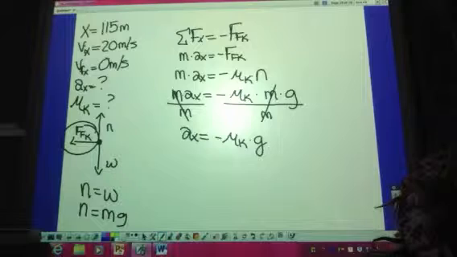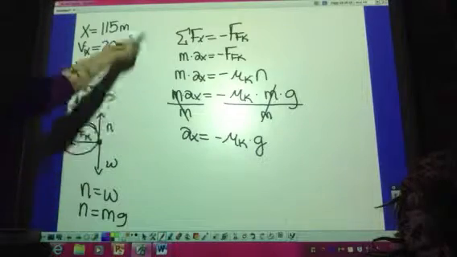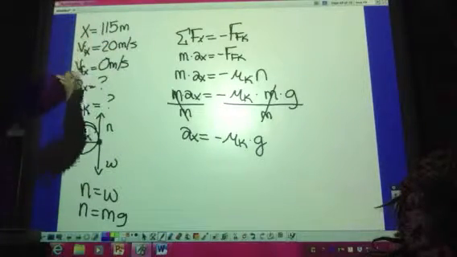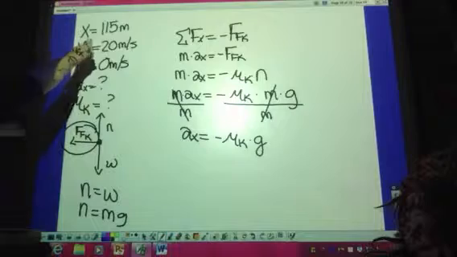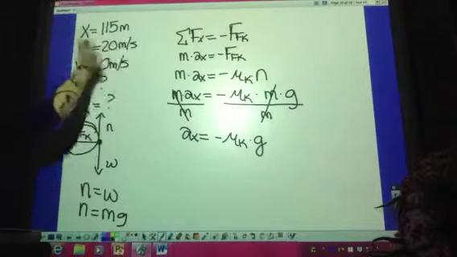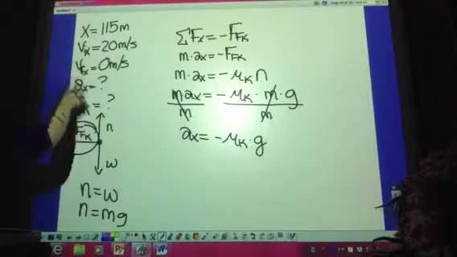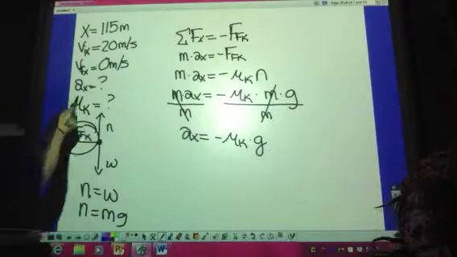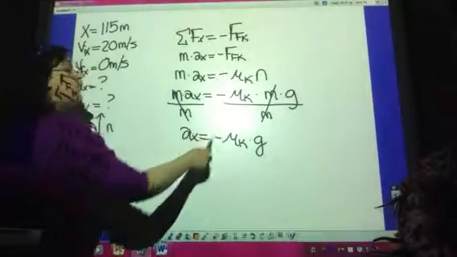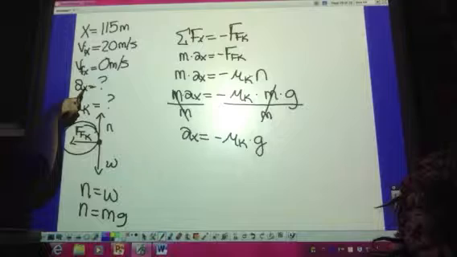Okay, so my goal is to find mu k. That's my goal. And I have these other pieces of this equation that they've given me. They've given me a horizontal distance, an initial velocity in the x direction, a final velocity. I have acceleration where I could substitute that in here for acceleration.